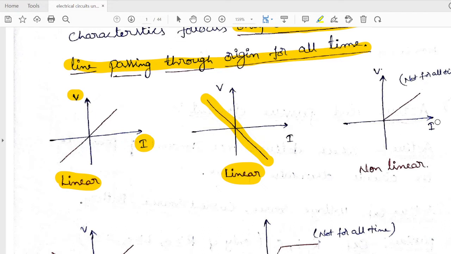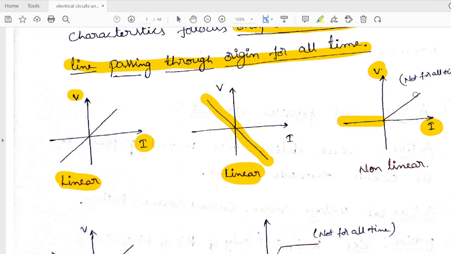In this, if I draw a curve between voltage and current, it gives me a straight line from 0 to any time on the right half, on the right side it gives me a straight line. See, if I is negative, for example, then this voltage is becoming 0.